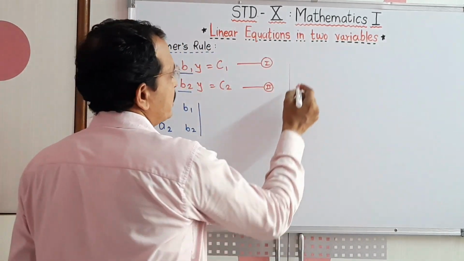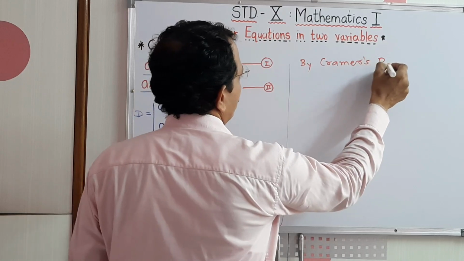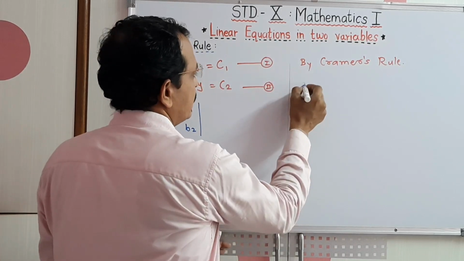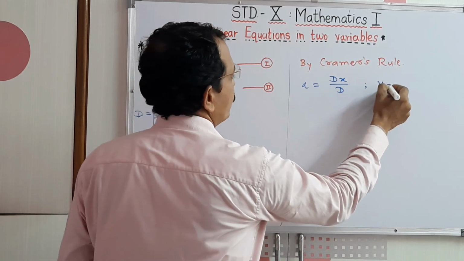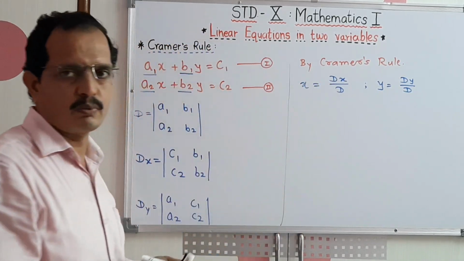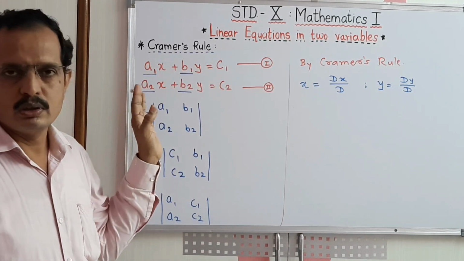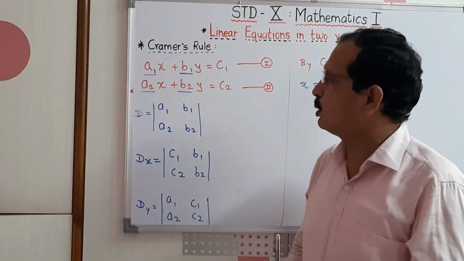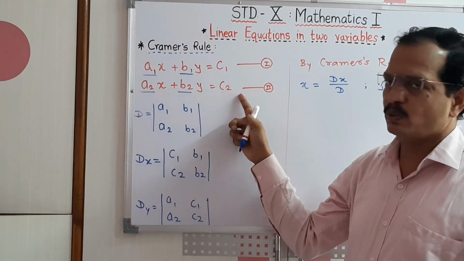After getting the values of the determinants, we have to write here by Cramer's rule. Now what is the value of x? The value of x is equal to Dx upon D, and the value of y is equal to Dy upon D. Therefore this is the general form. If we have to solve simultaneous equations by Cramer's rule, first of all we have to arrange the given equations in this form, that is a1x plus b1y is equal to c1 and a2x plus b2y is equal to c2.